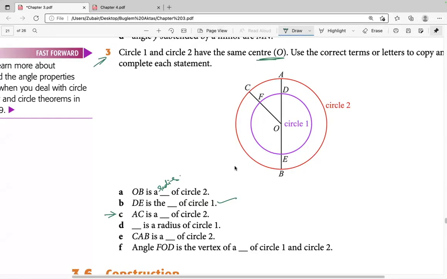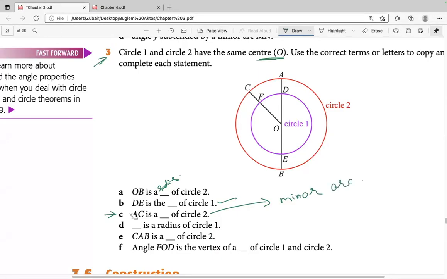No, you were freezing. So AC is a minor sector. I thought your side is... Sorry? Minor arc.